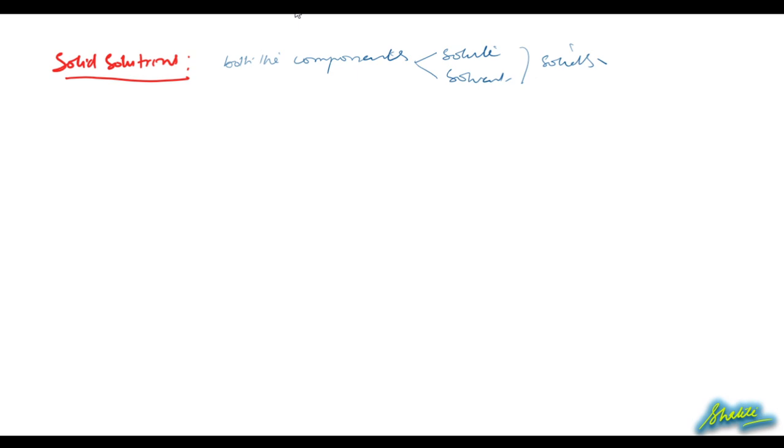There are two types of solid solutions. First is substitution solid solutions, and the second is interstitial solid solutions.